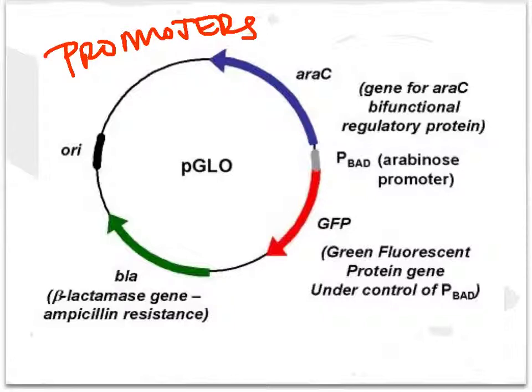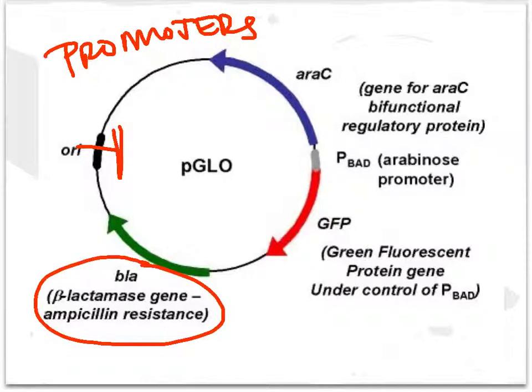Alright, what we see in this plasmid is, first of all, this space, which is the origin of replication. That's the space where, whenever the plasmid is replicated, it always starts at the origin. That's not vital to what we're looking at. What we are looking at, however, is this gene for beta-lactamase.